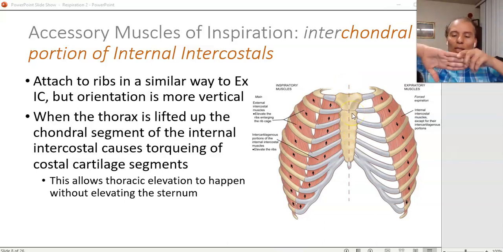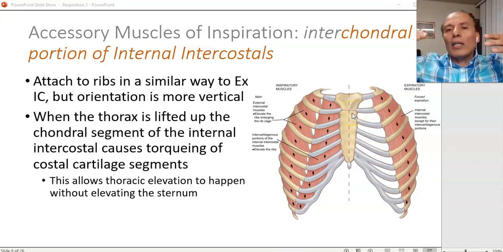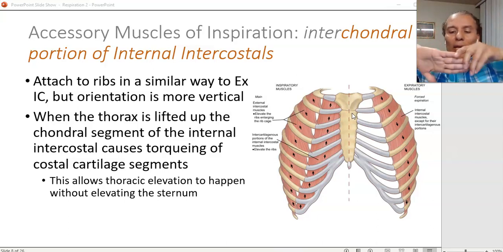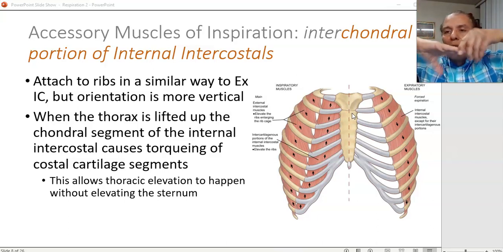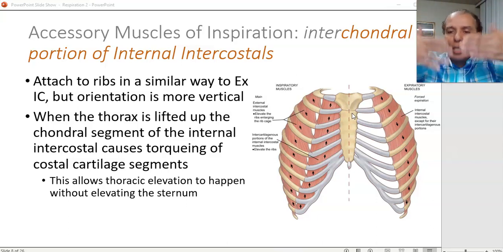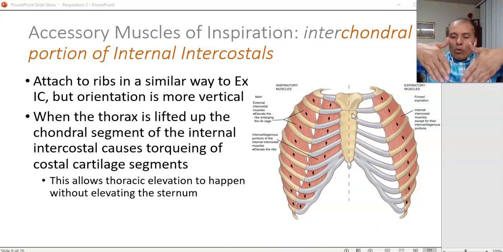So as you keep this twisted and the lungs are inflated, when it is time to relax and start exhaling, the pieces of cartilage are going to untorque. They will snap back into their original shape, and by snapping back, they compress the thorax and pull it down and in.